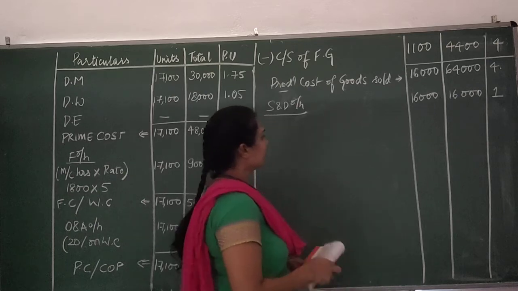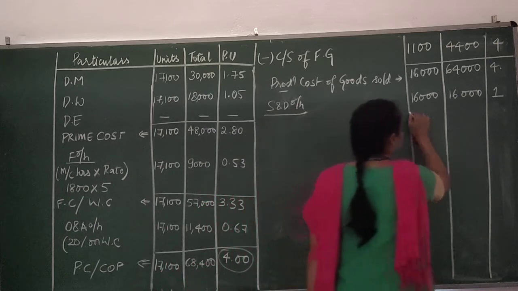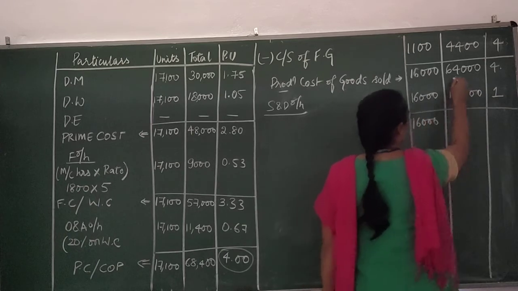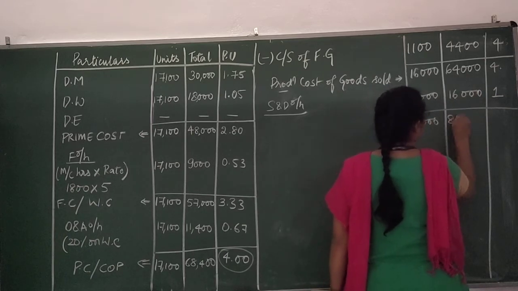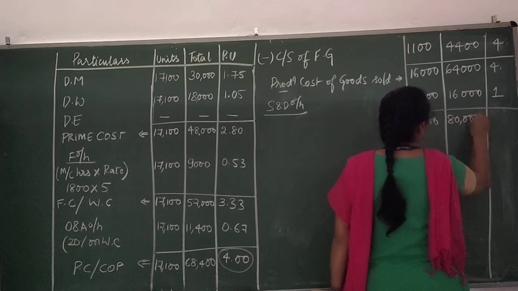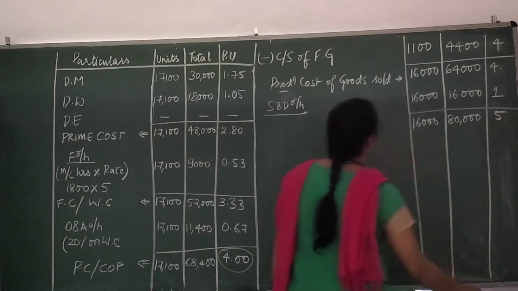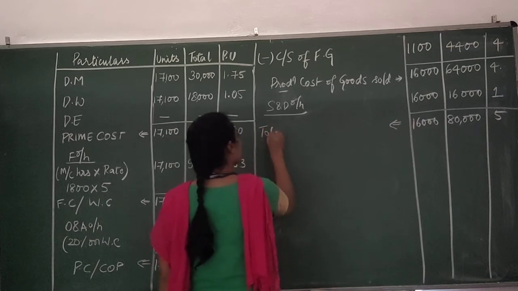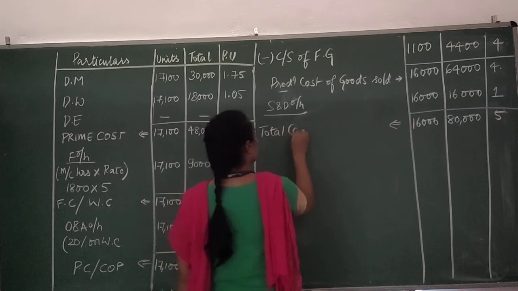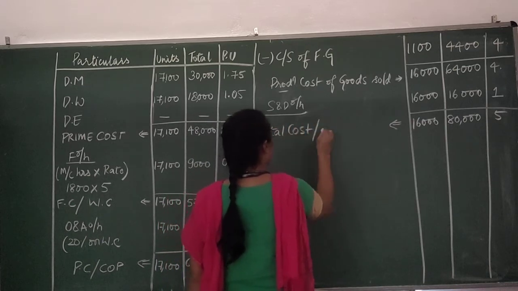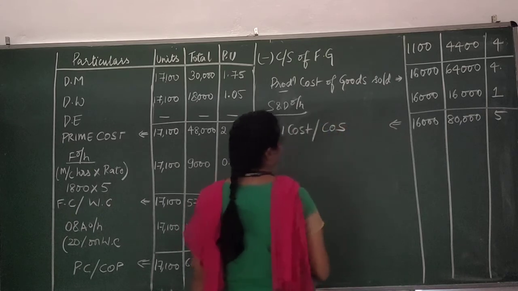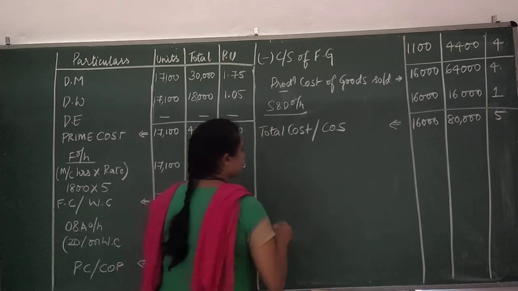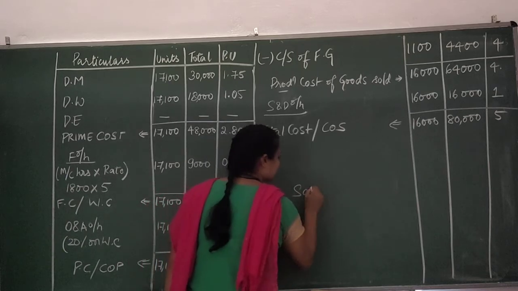Once it is done, you take the total. It is 16,000 units. Now it is 80,000. So it is 5 rupees. So what is this called as? This is called as total cost or cost of sales.